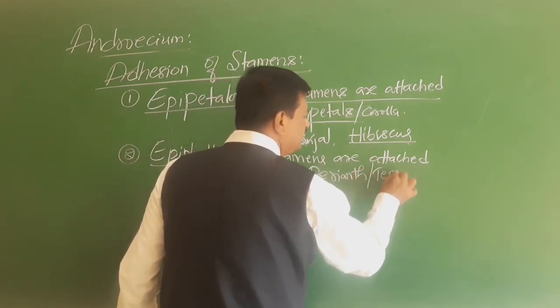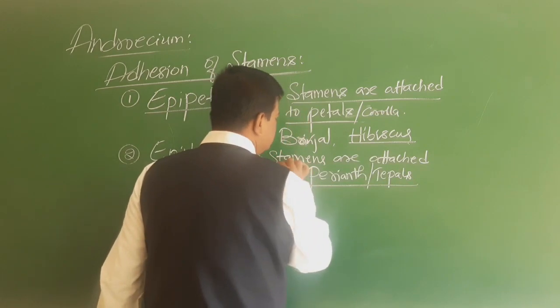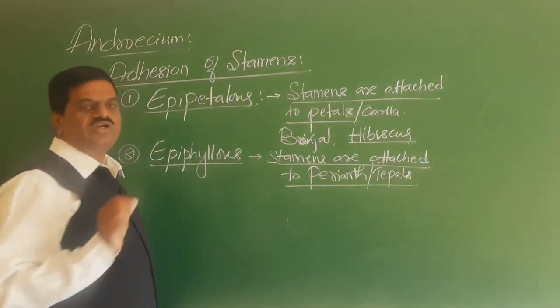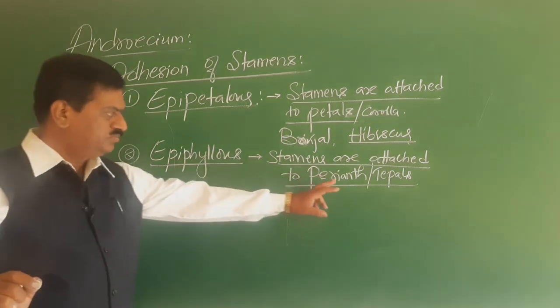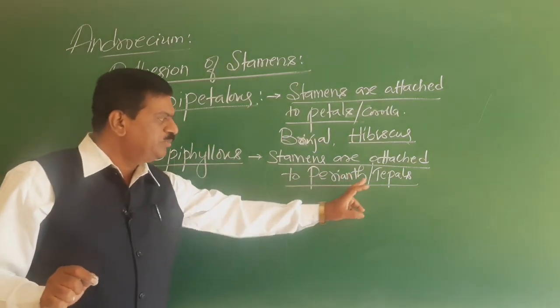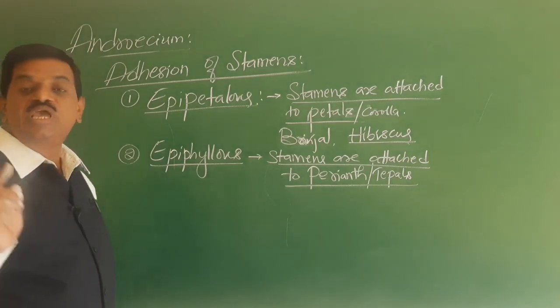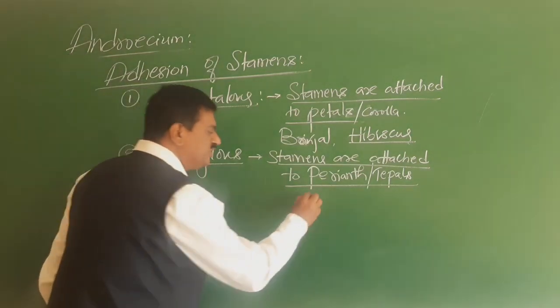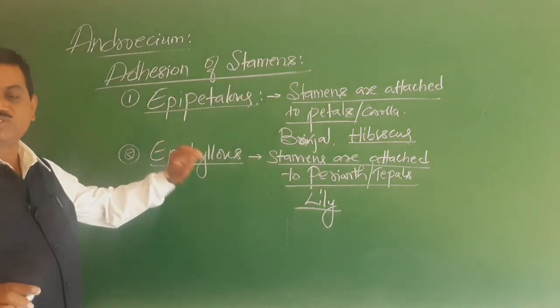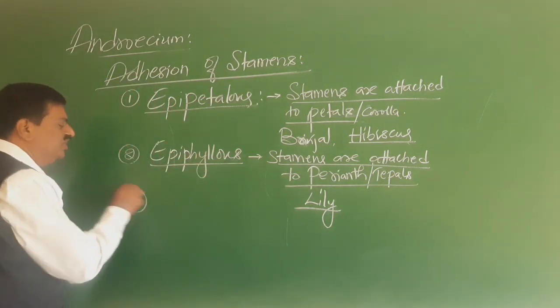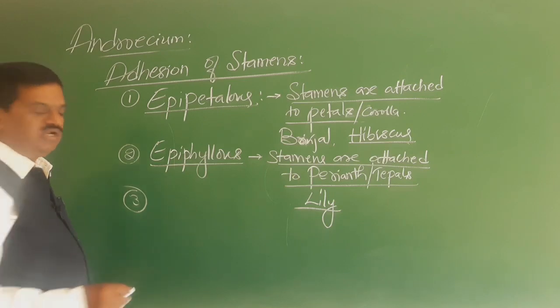Perianth is nothing but tepals. So when stamens are attached to the tepals, or perianth, it is called epiphyllous. This can be noticed in a lily flower. In a lily, there is a presence of epiphyllous.